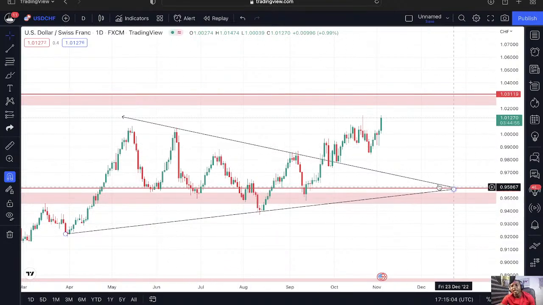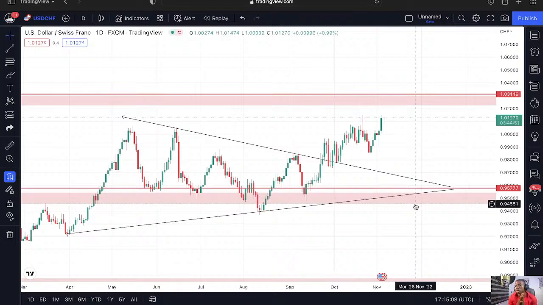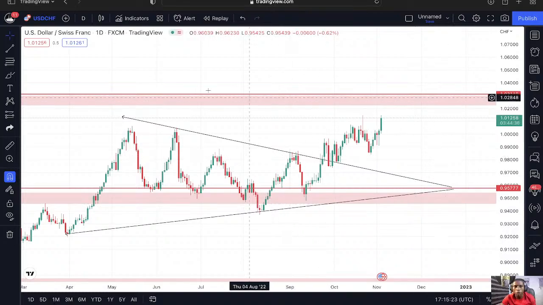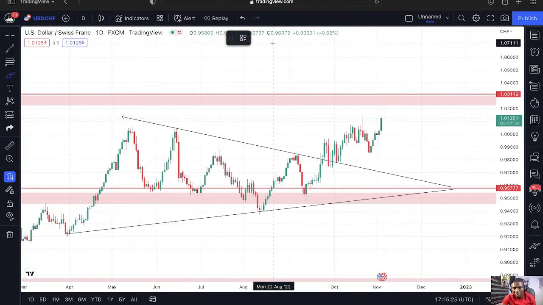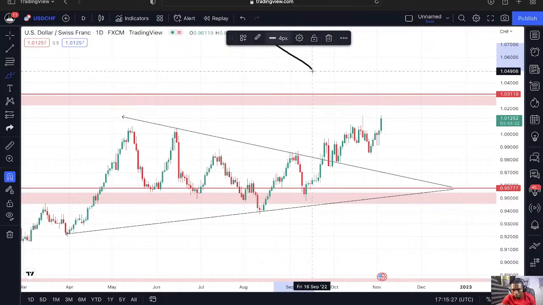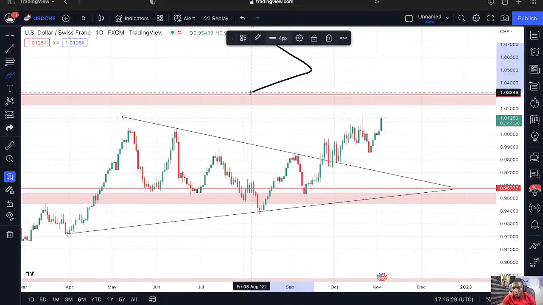Now, when you see a symmetric triangle like that, you should know that price can break out in either direction. Price can either break upward or downward in a symmetric triangle, because a symmetric triangle is a triangle that is like this, right?